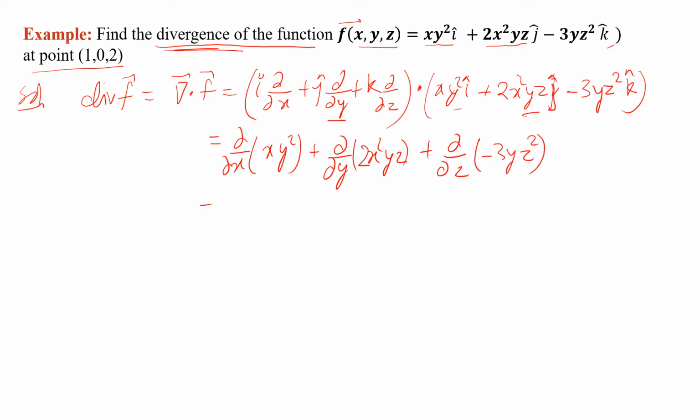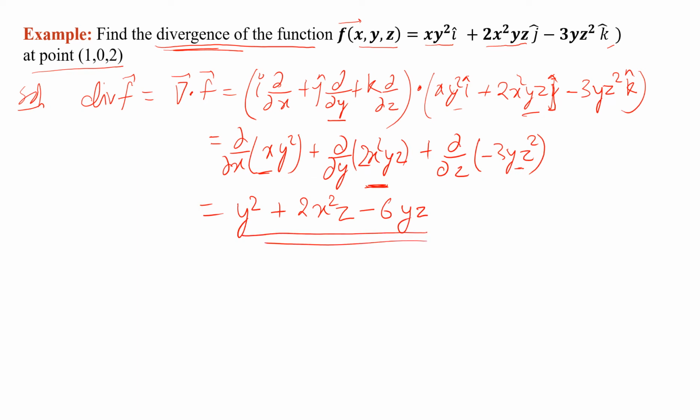We take the partial derivatives, so we get y square, then with respect to y of 2 x square y z, treating x and z as constants, we write 2 x square z, and for the last term we get a negative sign, we write minus 6 y z.